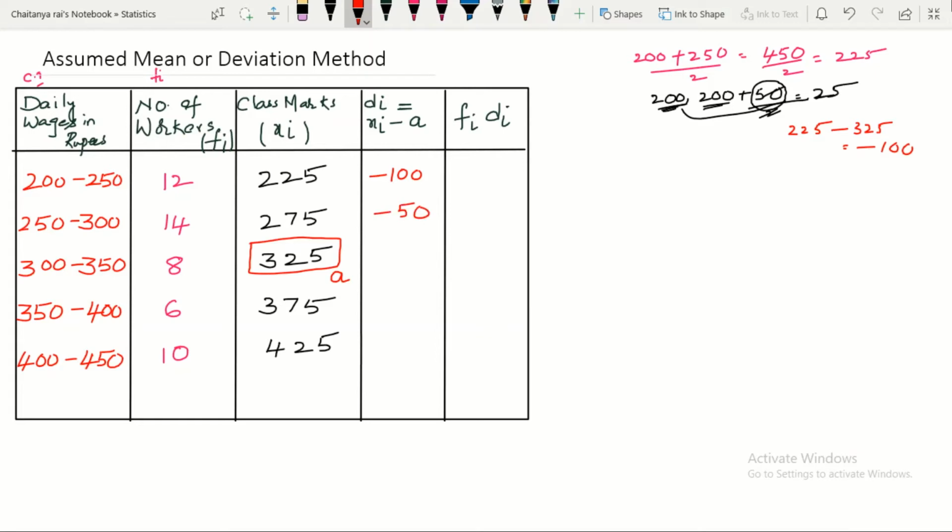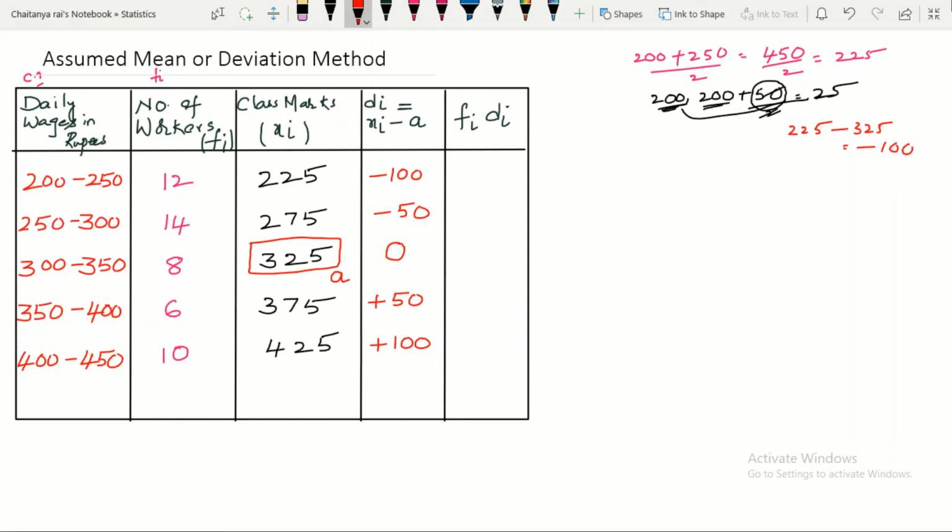And 325 subtracted by the same value, 325, becomes 0. Here, 375 being a bigger number than 325, we get a positive value, so this will be plus 50, and here we get plus 100. So these are the deviation values.